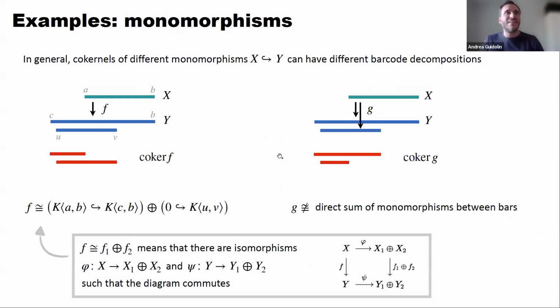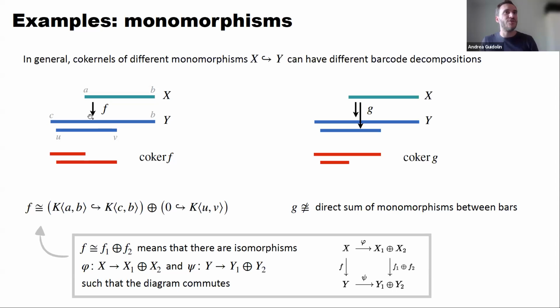So let's look at slightly more difficult examples. In these examples, we look at monomorphisms. The observation is that in general, co-kernels of different monomorphisms between persistence modules depend on the specific morphism that we're considering. For example, here we are fixing x and y.